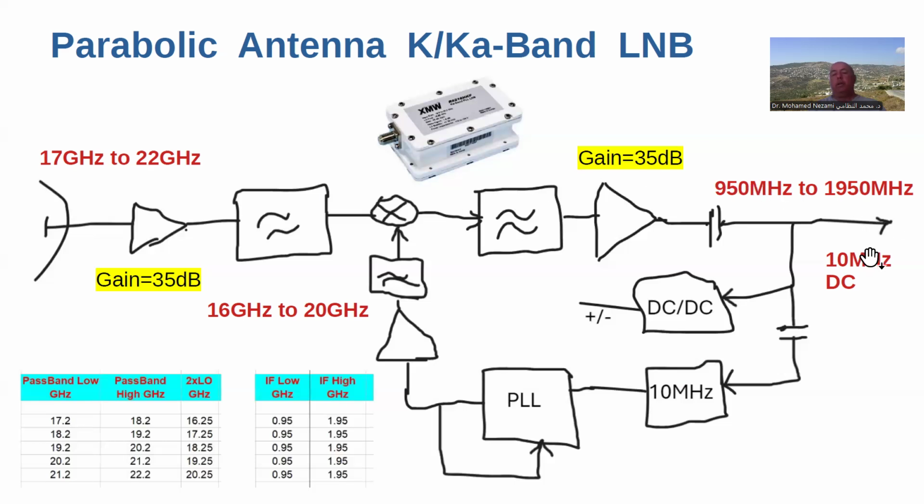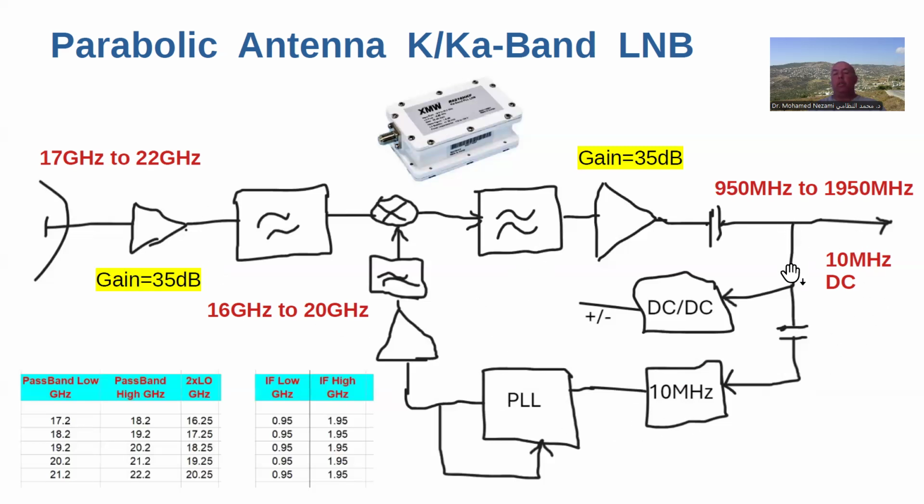Obviously, you don't want electricity connected here. So we send the DC up through the cable that brings down the RF, and this DC gets blocked from going this way, and it comes this way, where we regulate and create all the various voltages needed for all of these sections in here.